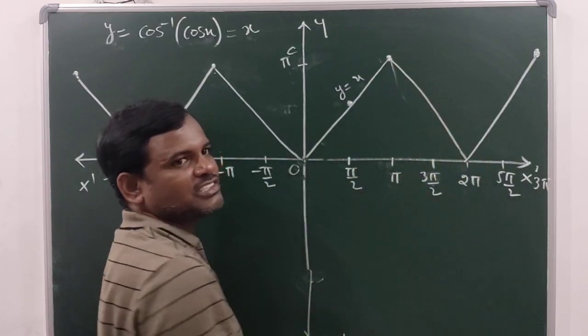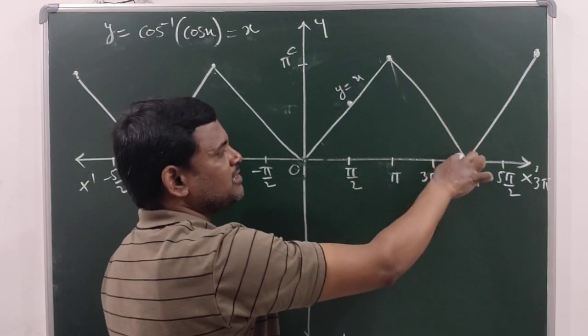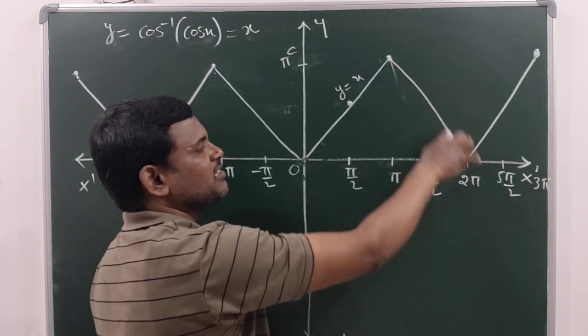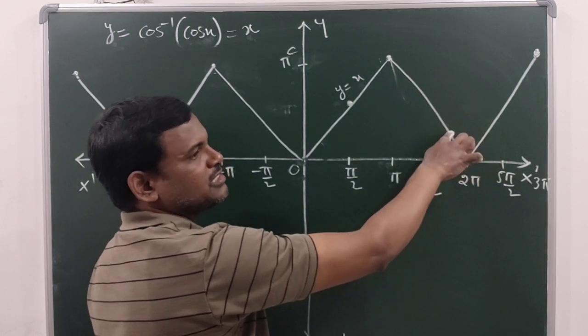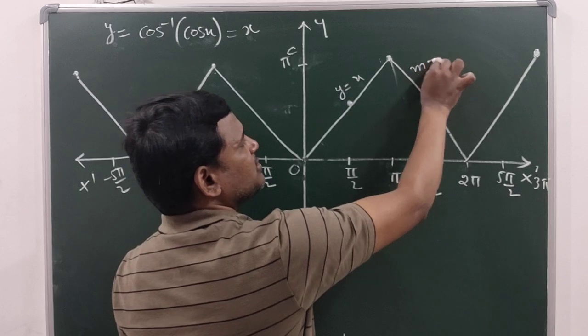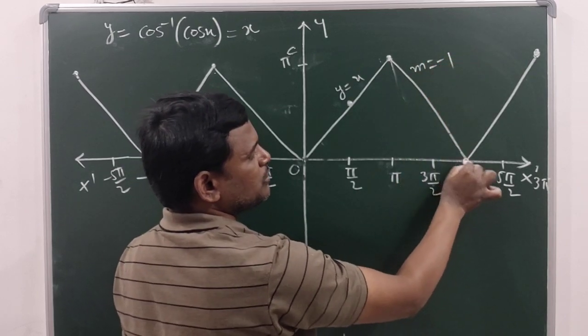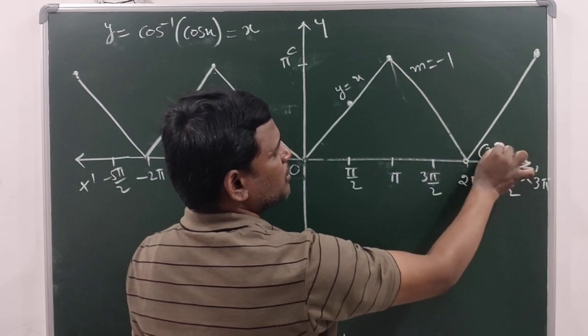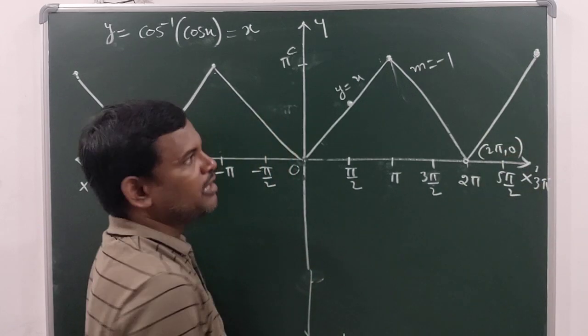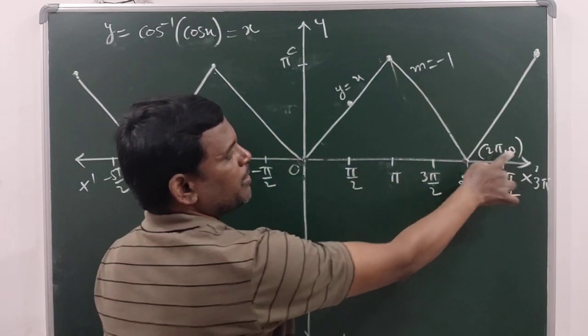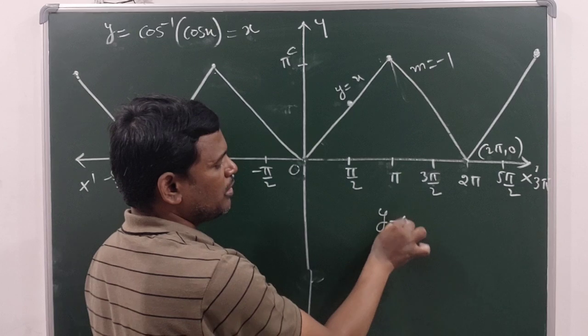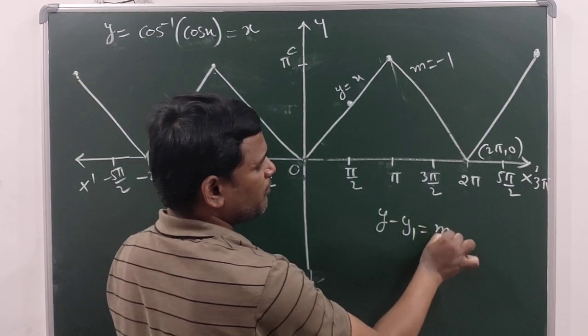What is the equation of this line? Here it makes 135 degrees angle with the positive x-axis, hence its slope is minus 1. And it is passing through 2 pi comma 0. Now having slope minus 1 and passing through 2 pi comma 0, apply the point slope form of a line equation.